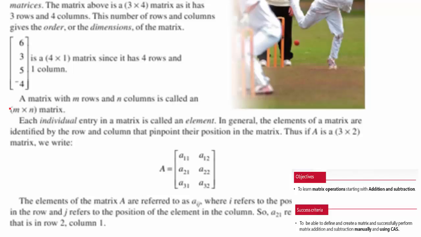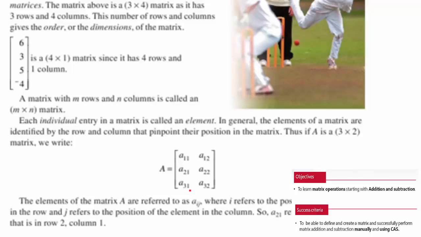So in general, the elements of a matrix are identified by the row and column that pinpoint their position in the matrix. For example, if A is a 3 by 2 matrix, then for the individual elements, the first one here is 1,1, first row, first column. This one is 2,1, second row, first column.